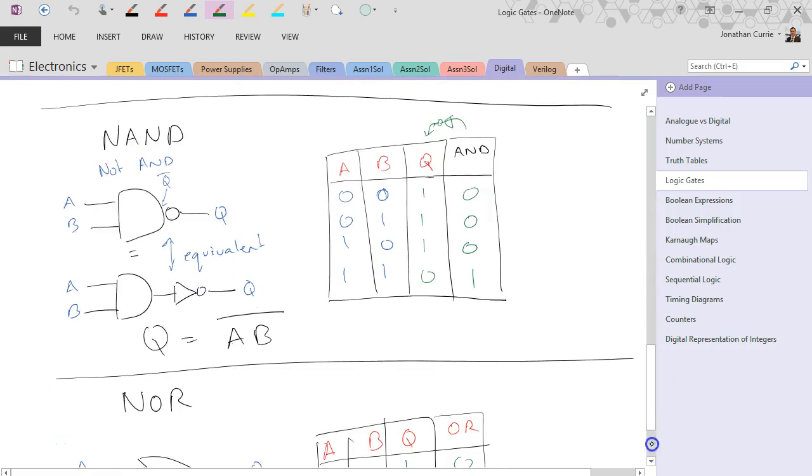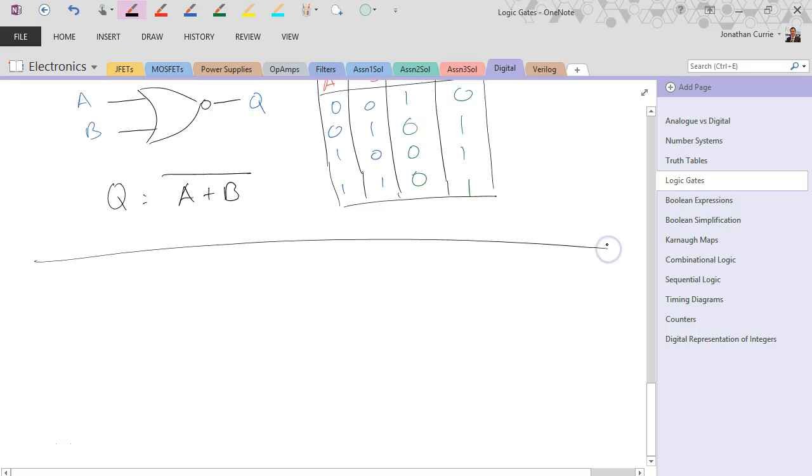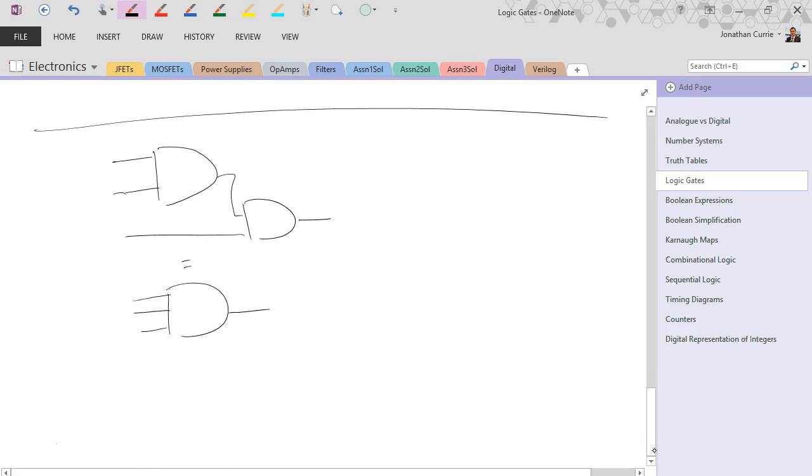Now, as well as having single gates, as you see here, there's nothing stopping you cascading gates together to form what's known as a logic circuit. So if I wanted a 3-input AND gate, I could take 2 AND gates and cascade them together, or what would more practically be done is just to draw an AND gate with 3 inputs.